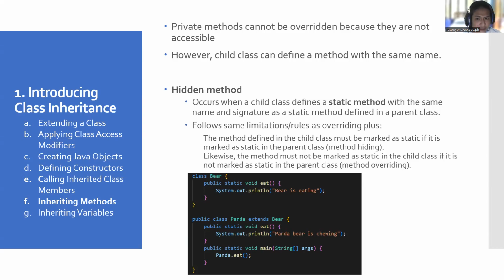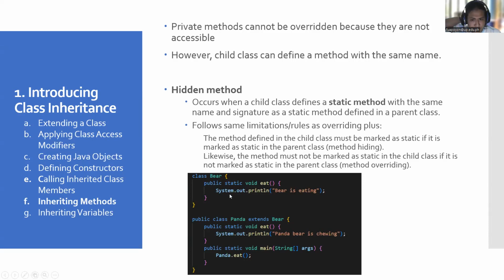The fifth rule is that the method defined in the child class must be marked as static if it is marked as static in the parent class. This is method hiding again, no? Likewise, if it is not static in the parent class, it may not be static in the child class as well.